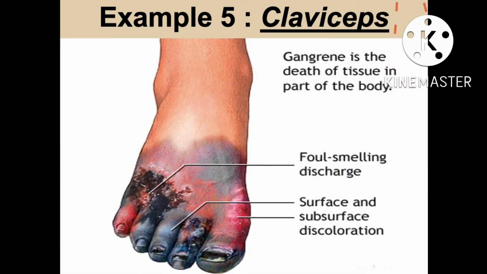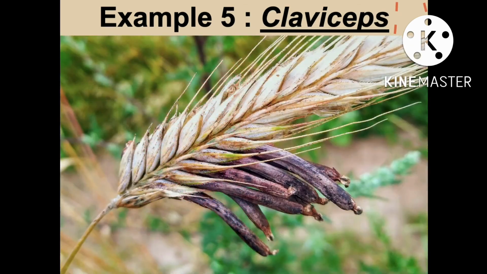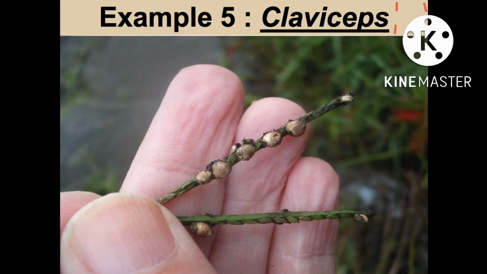See here, this is the gangrenous type of disease and this is spasmodic. So the most important alkaloid, which one is it? Lysergic acid. It is prepared through the fermentation activity of Claviceps paspali.